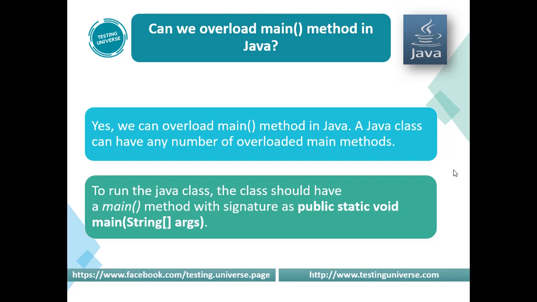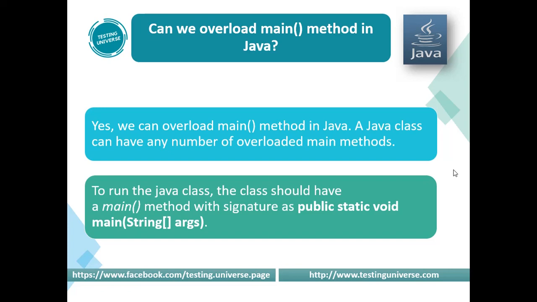A Java class can have any number of overloaded main methods. Then the question arises, which main method will be executed? If I have three main methods, which one will be executed first? That can also be one of the interview or follow-up questions.